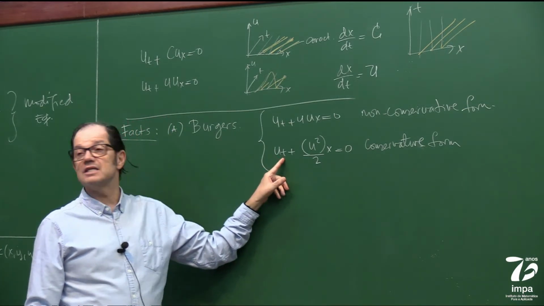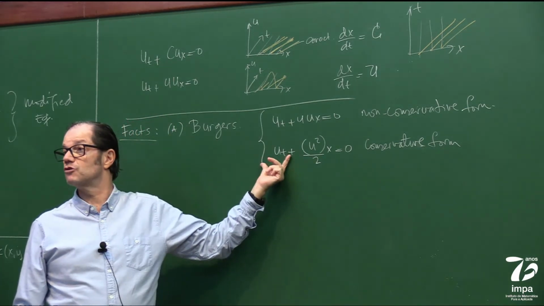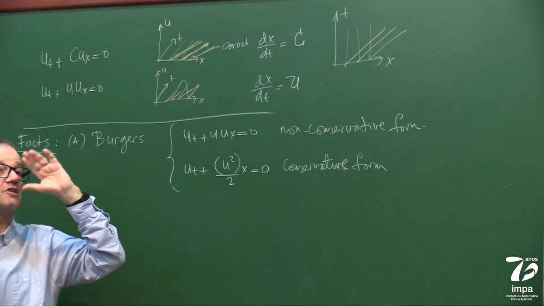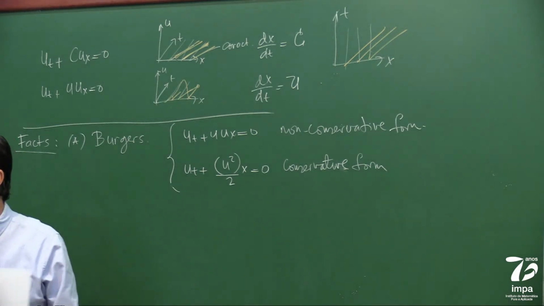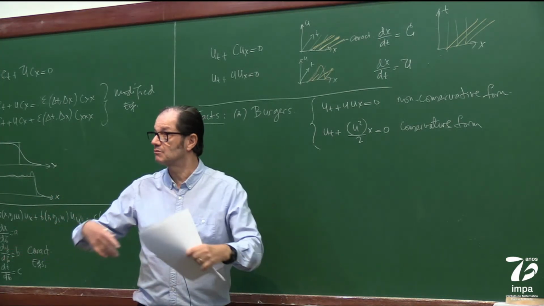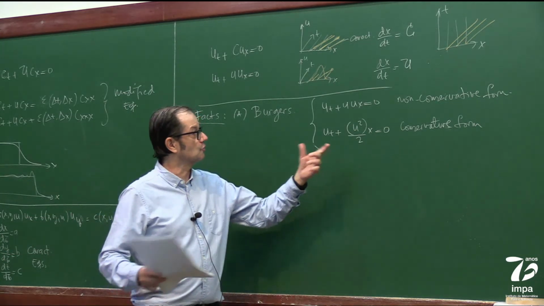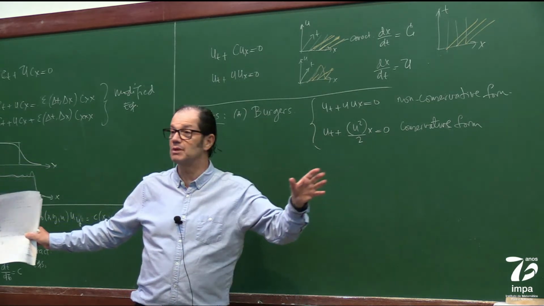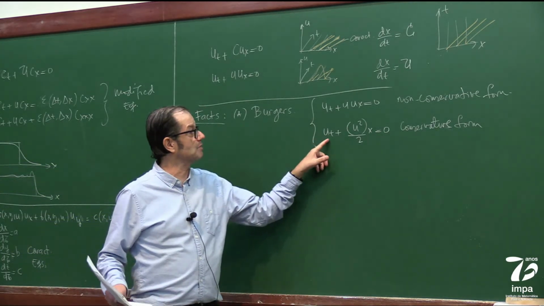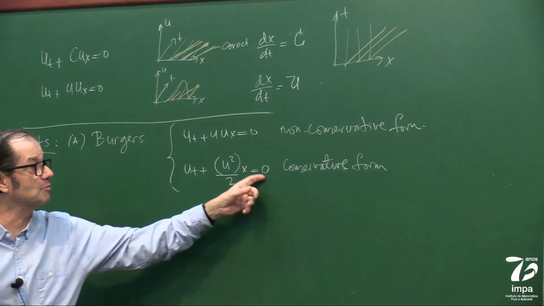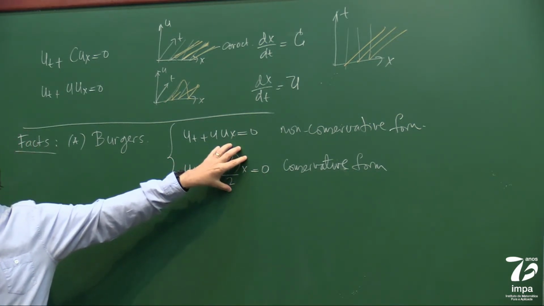Therefore, d/dt of the integral of u is 0: the total mass of this quantity is conserved. Mass in the general sense, just like in probability we say total mass 1, for the measure. So the total mass of u integrated from A to B is conserved in time because there's no flux on the boundary.